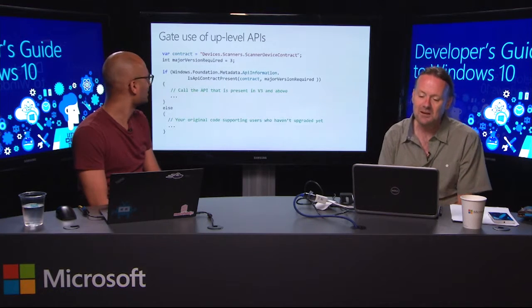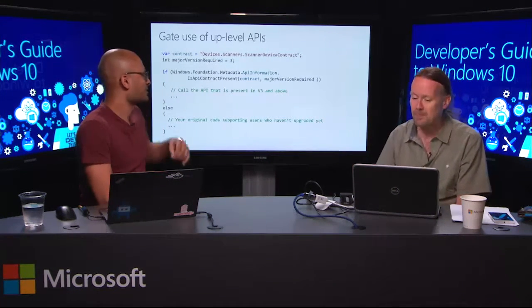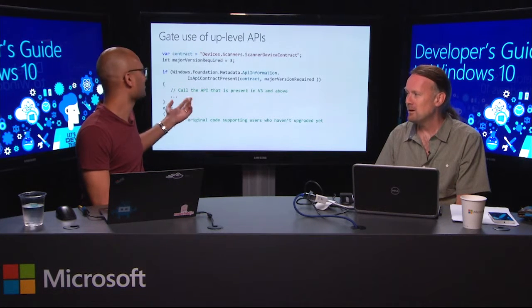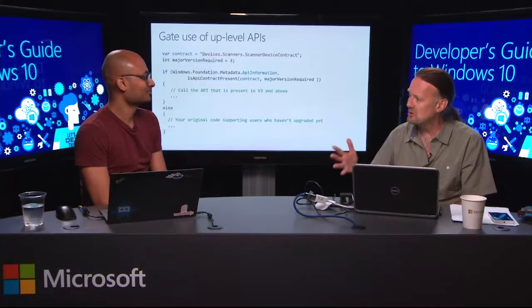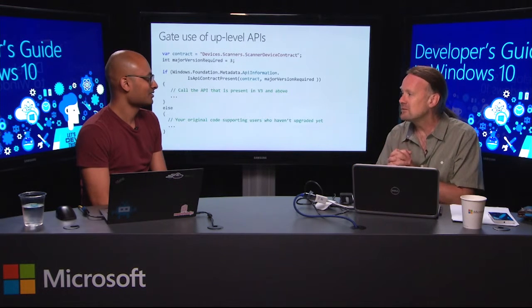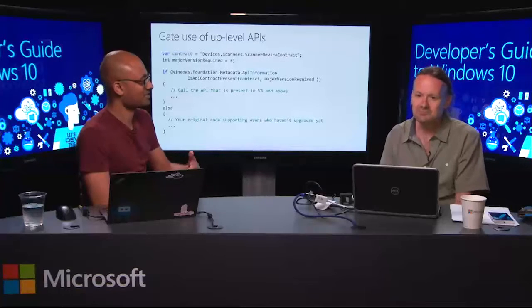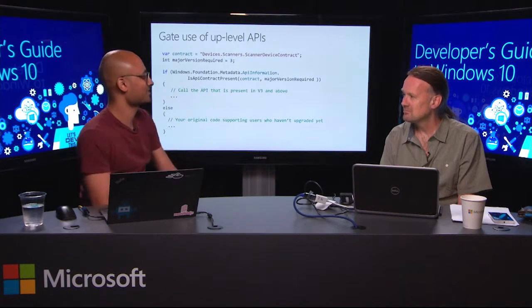I don't see you using this a lot, to be honest, unless you know something very specific in a new contract that has a new API. Yeah, that's right. So you're coding very defensively, and you still want one version of the app package that's going to span different target levels of machines. I can see it being a case where the method exists on one version and the next version does something slightly different, and therefore you would use this. Yeah, that's right.